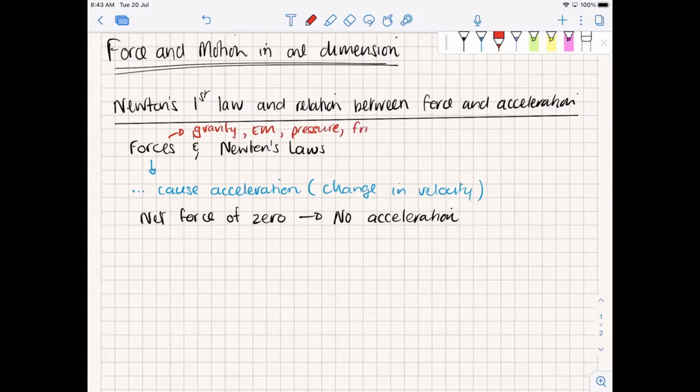We have friction, all right? We can have friction forces, tension forces, you can have compression forces, right? So there are many types of forces out there, all right? So let's go and have a look at Newton's first law.